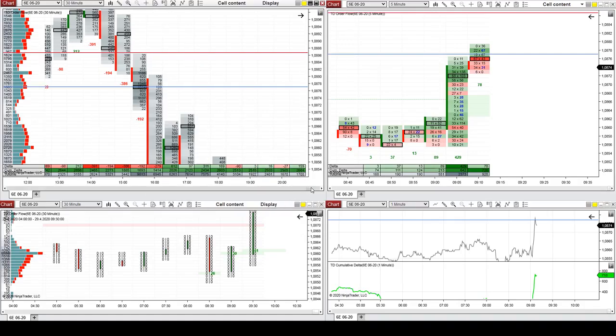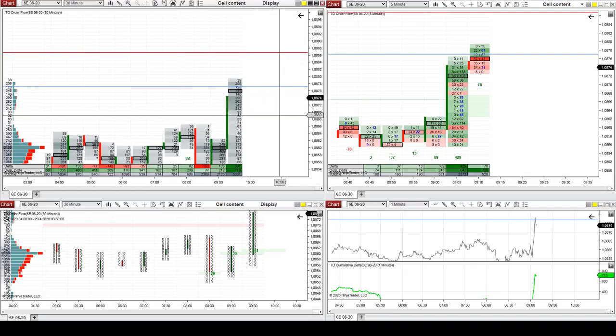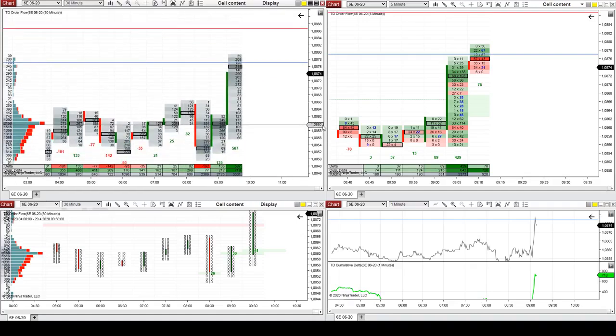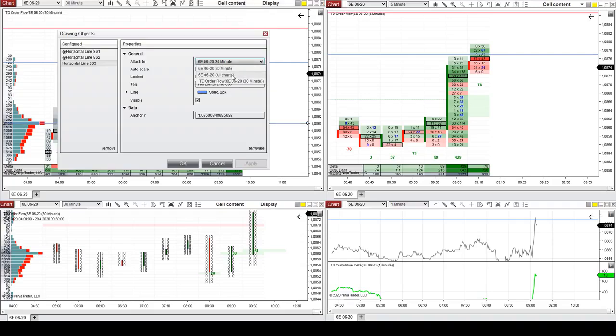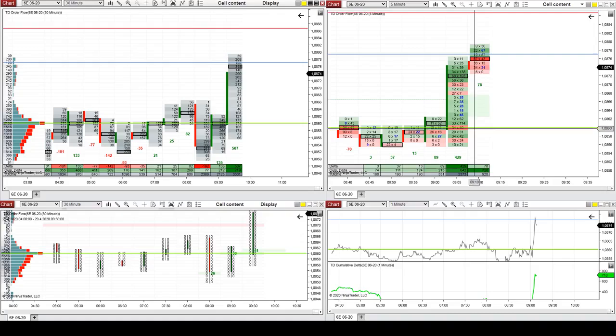And now let's talk about ideal place for a take profit. Now, ideal scenario would be in here. This would be the ideal take profit. In here, this line, because of the volumes.